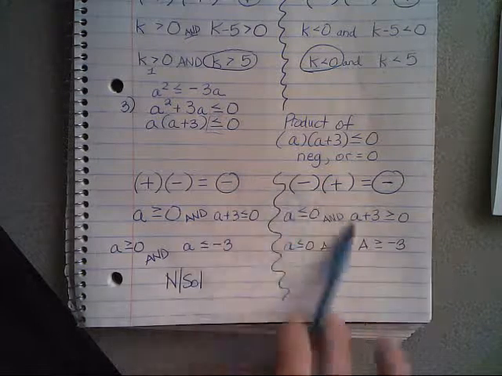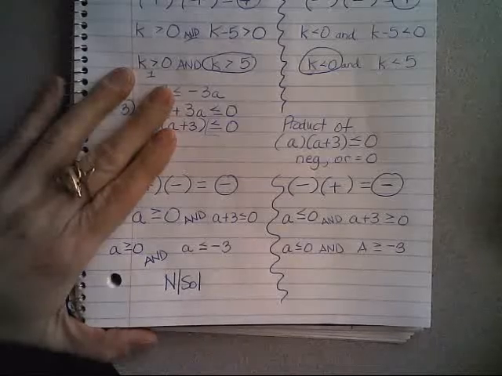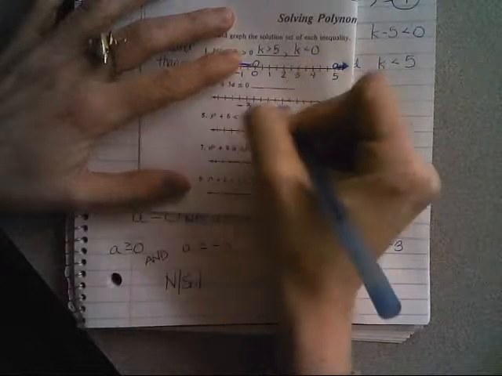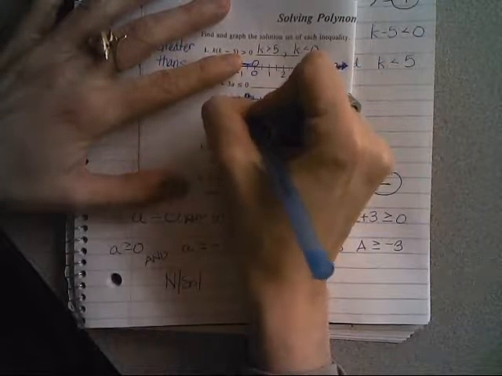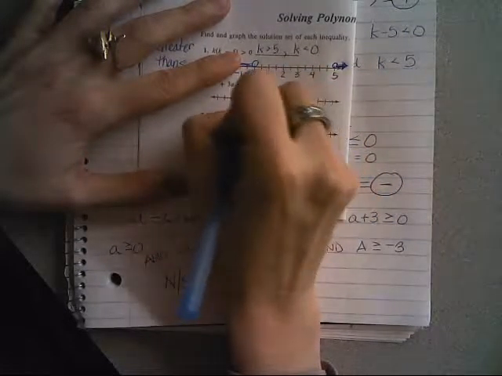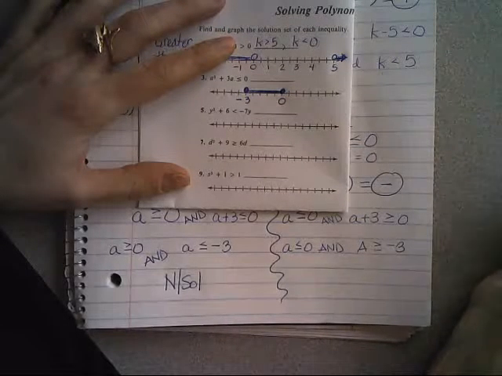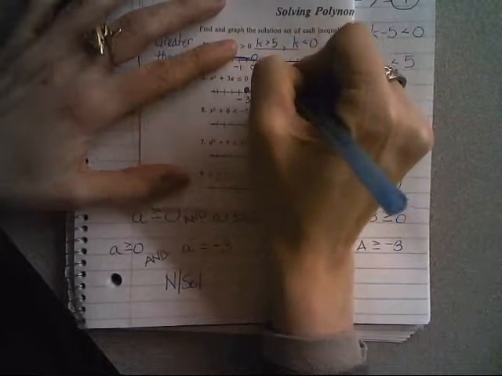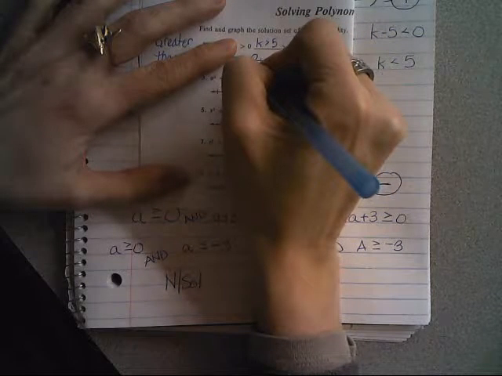So these, the less thans, in general, end up being in between negative 3 and 0, closed circle, closed circle. So a falls between negative 3 and 0.